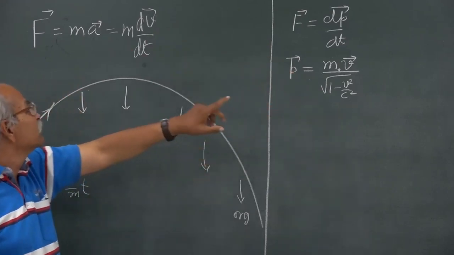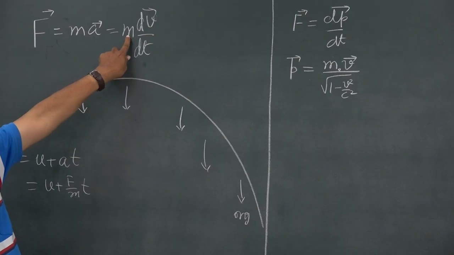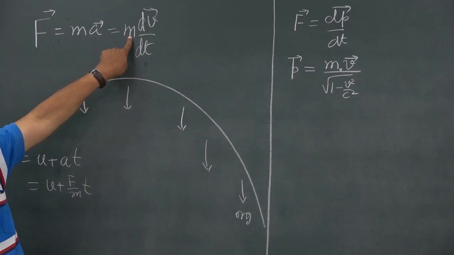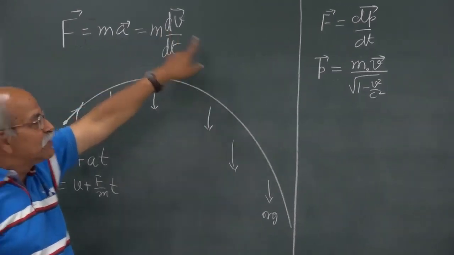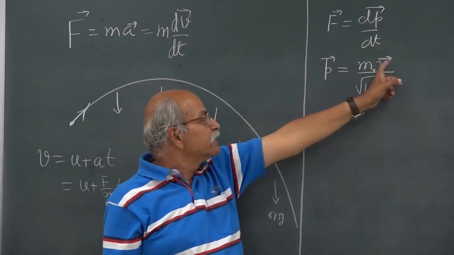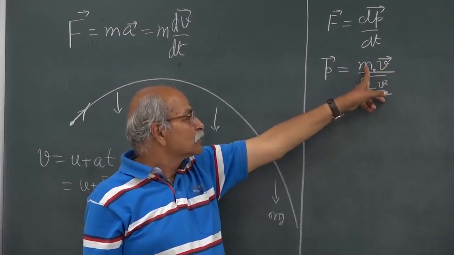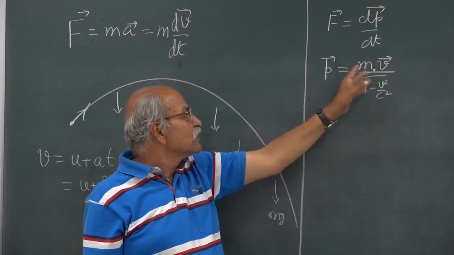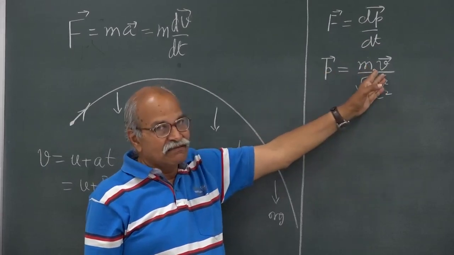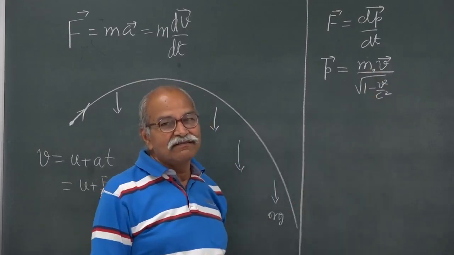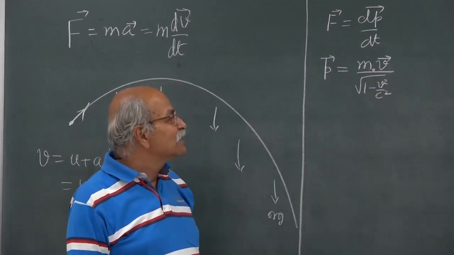If you think that replacing the mass in Newton's law by relativistic mass will work, it will not. In the linear momentum definition, yes. In the linear momentum definition, if you replace mass by this so-called relativistic mass, the linear momentum is given by this. But beyond that, you cannot stretch the application of the relativistic mass.